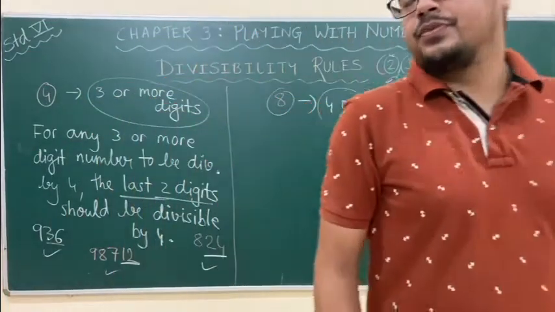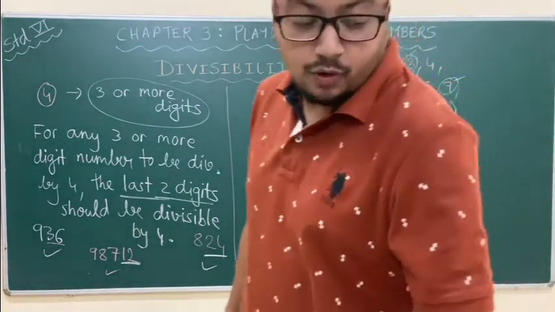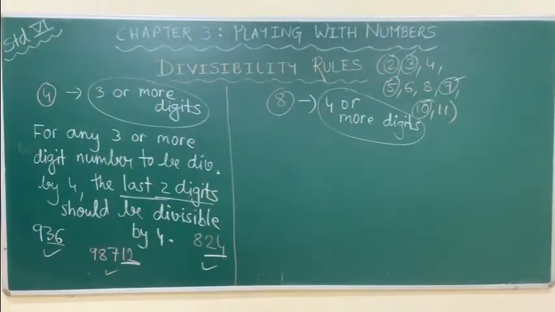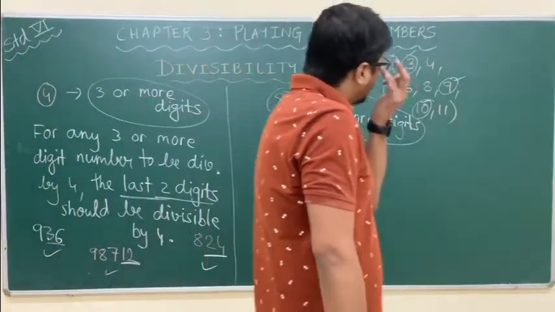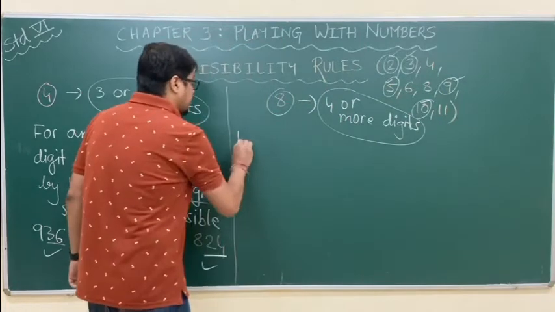Okay students, now let us take the divisibility test for 8. As I said, the divisibility test for 8 is applicable only for a number which has 4 or more digits. Okay, so first of all I will write the rule.